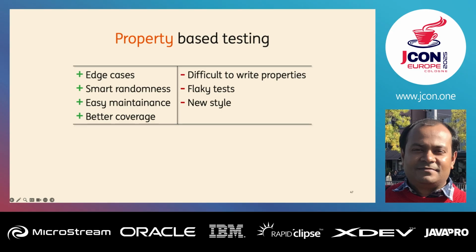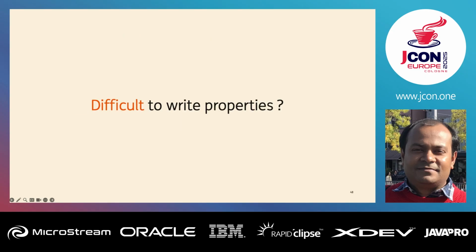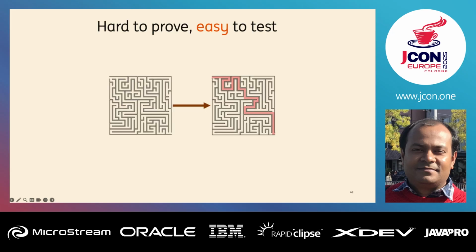You can work on the flaky test. But we'll give a little bit of focus on the property itself. The best thing that I found is that when you are asked to solve a maze, it's difficult. But when you have a solution and you are asked whether it is a correct solution, it's easy to prove. The same thing happens with a lot of patterns.